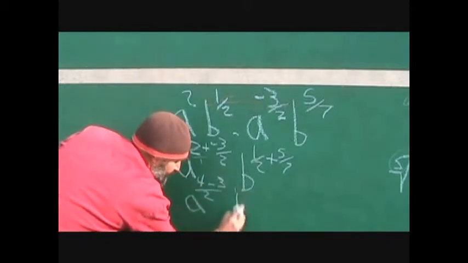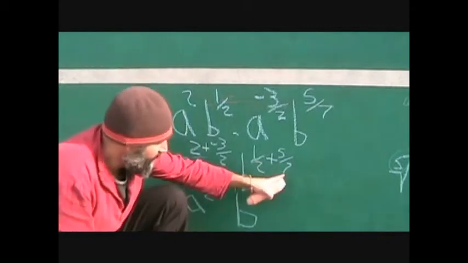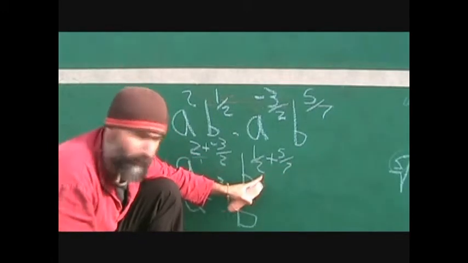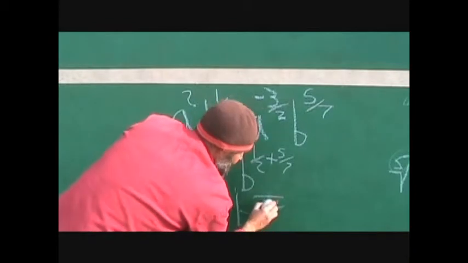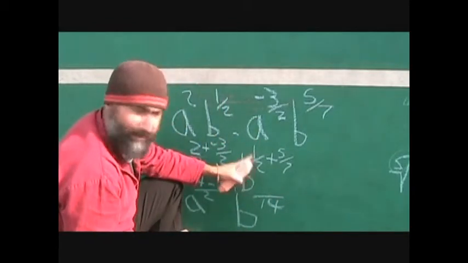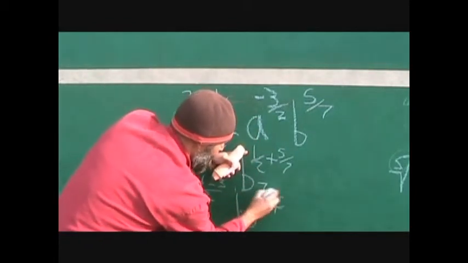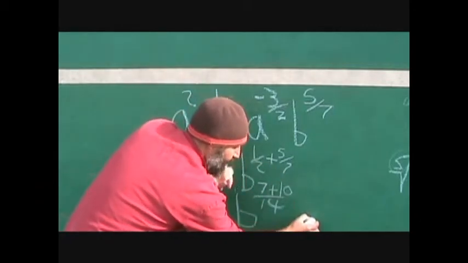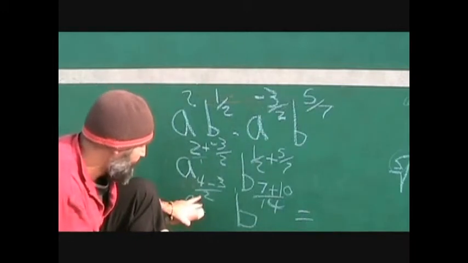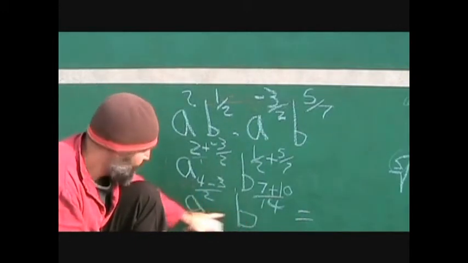For the b, the common denominator between 2 and 7 is 14. Multiply the half by 7, so that becomes 7, plus, multiply the 5 over 7 by 2, so that becomes 10.